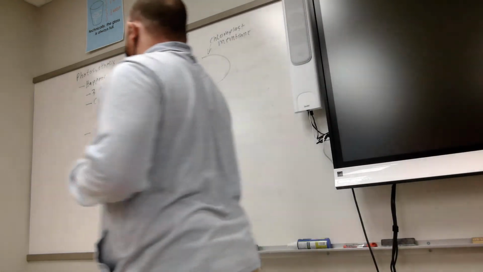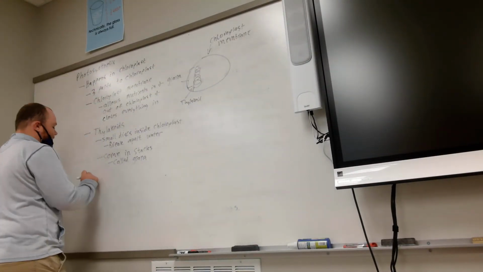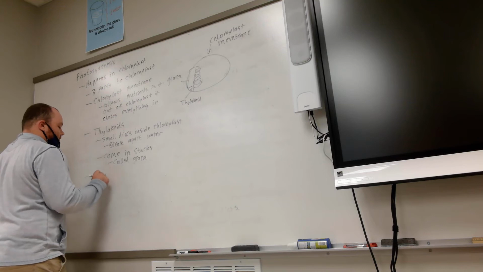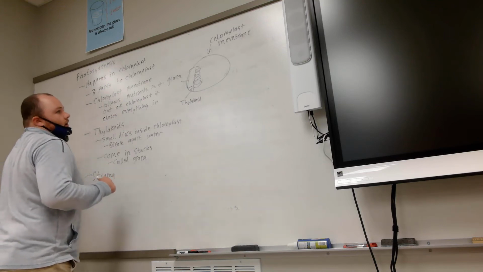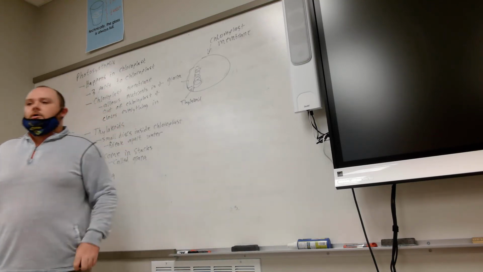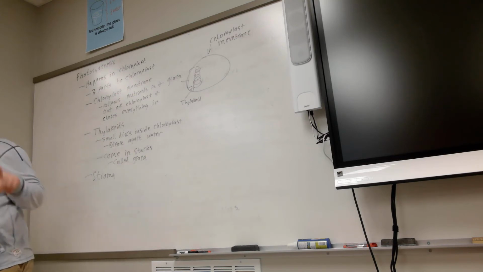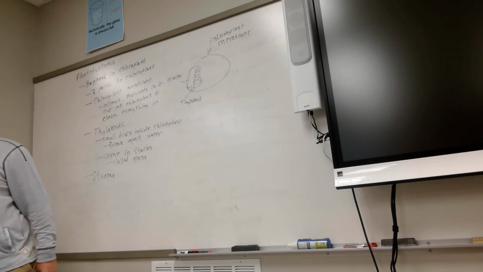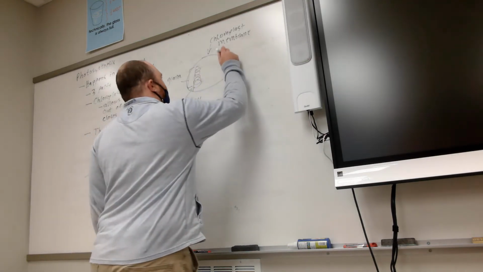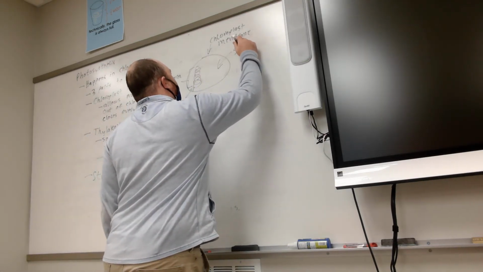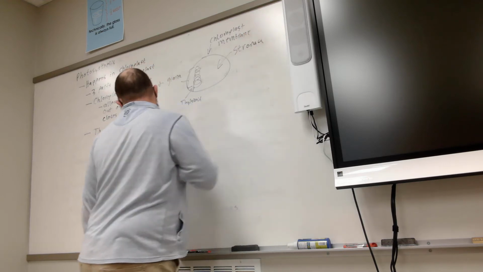And then the third thing we want to talk about is this stuff called stroma. Okay? So, like cytoplasm is the gel that kind of surrounds everything inside your cell, stroma is essentially the gel that surrounds everything in here. So this is stroma. Okay?